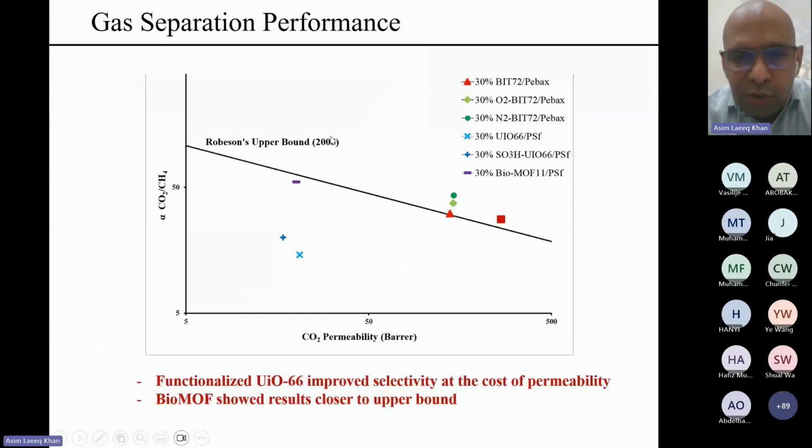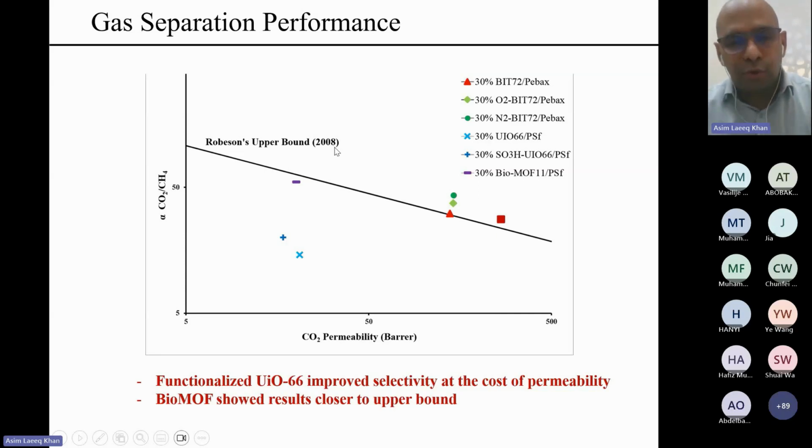So here I just want to summarize how these metal organic frameworks are completely changing the landscape of mixed matrix membranes for carbon capture. We can see most of these MOFs are showing very high permeabilities and extremely high selectivities, and this is the upper bound for 2008.